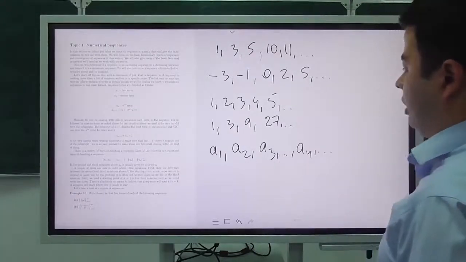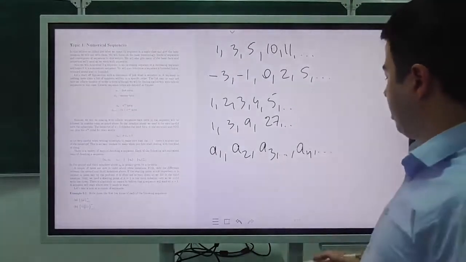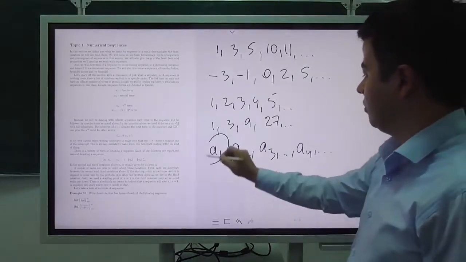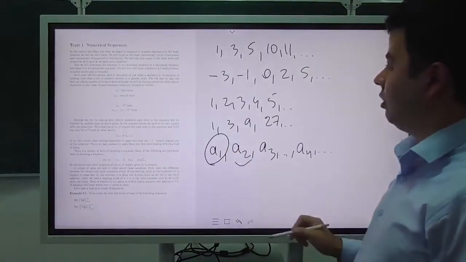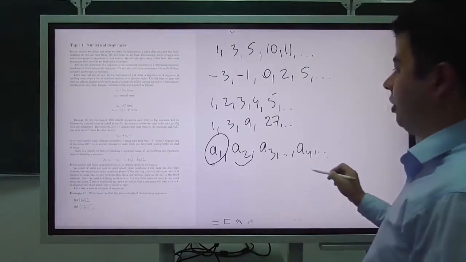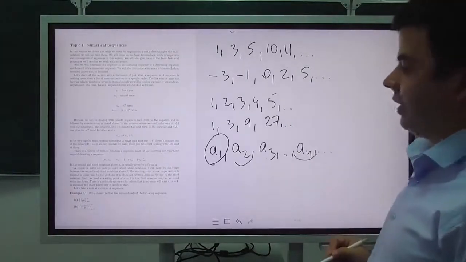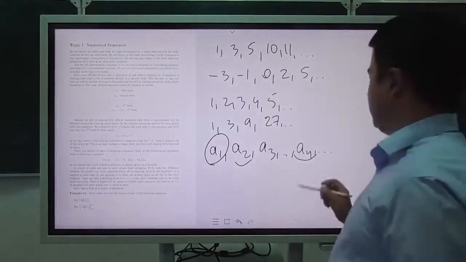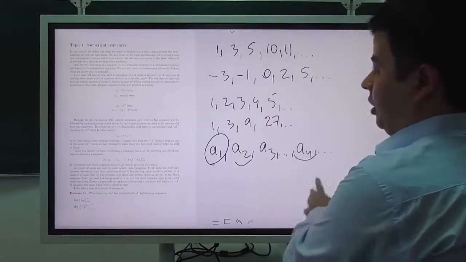We can continue here. So this is the first term, a1. This is the second term, we call the third term, etc. The nth term of a sequence. So these are the terms of a sequence.